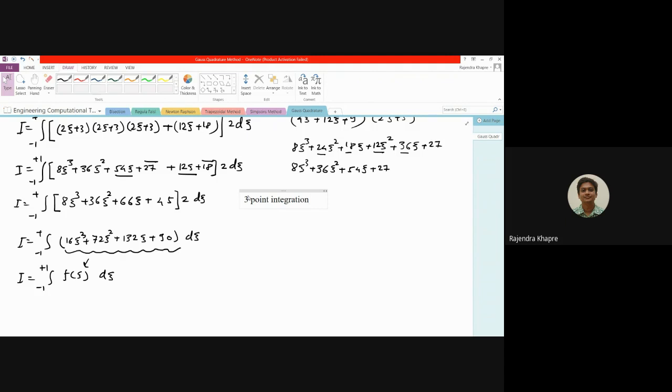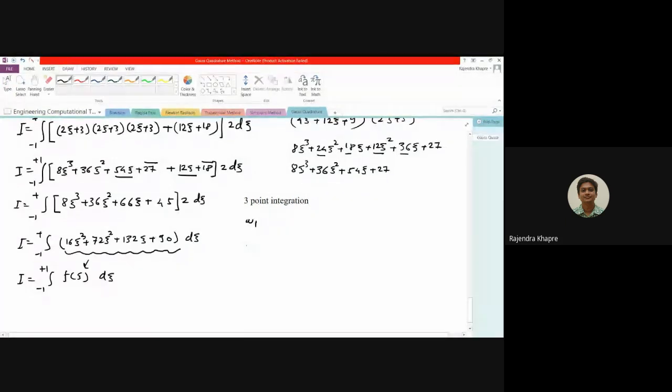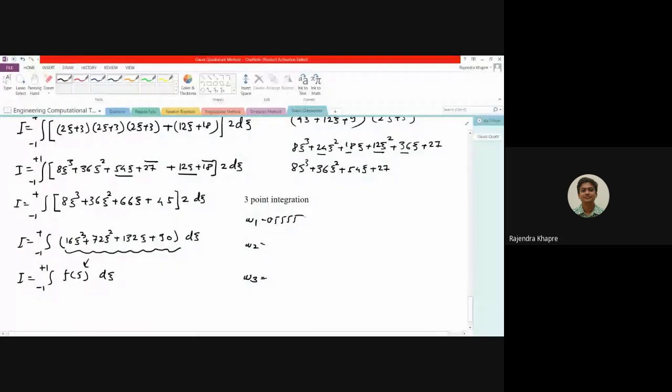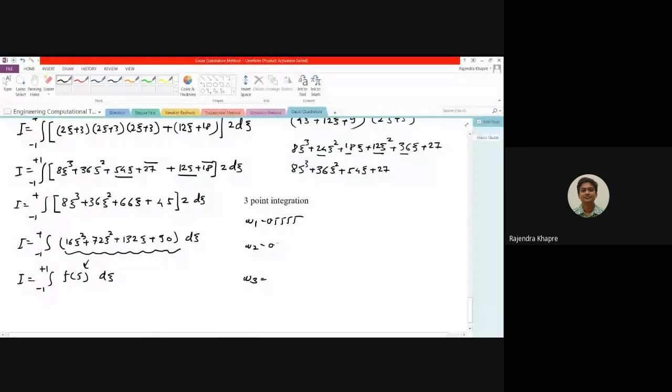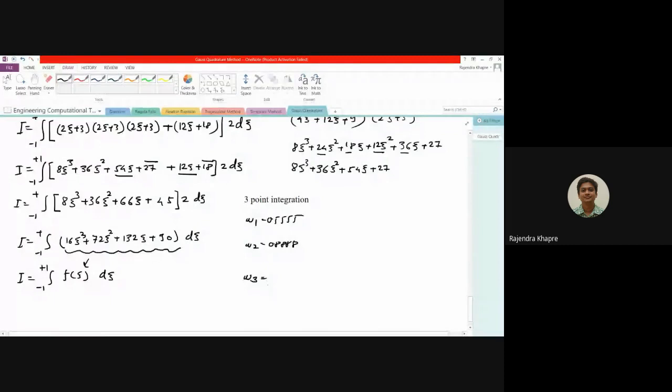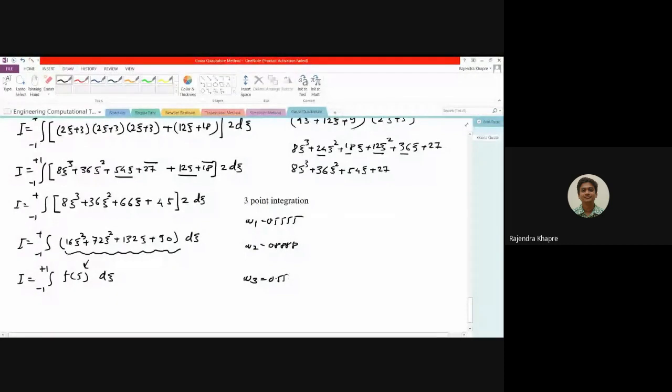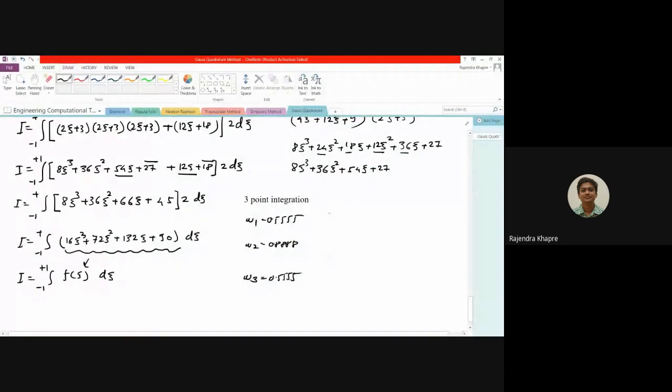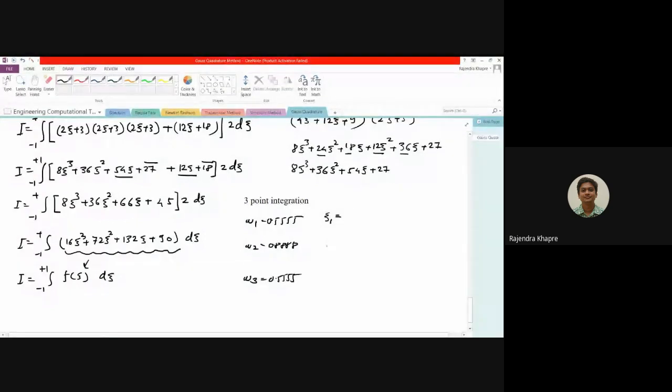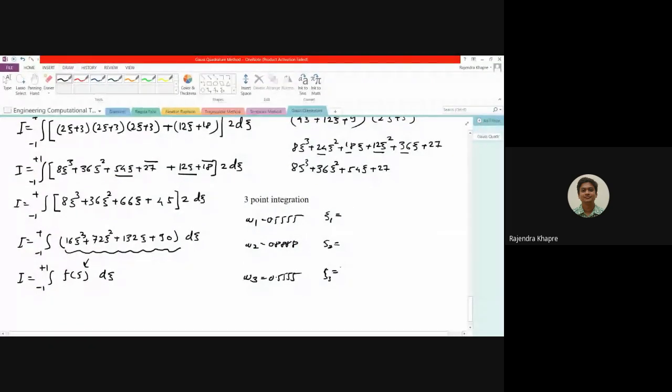If you use 3-point integration, you will be having w1, w2, and w3. The weightages are 0.5555, 0.8888, and 0.5555. Here you will be having xi1, xi2, and xi3.